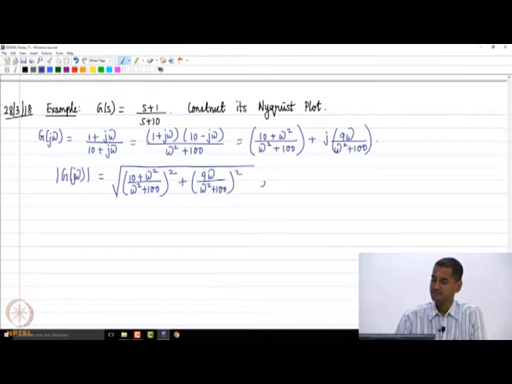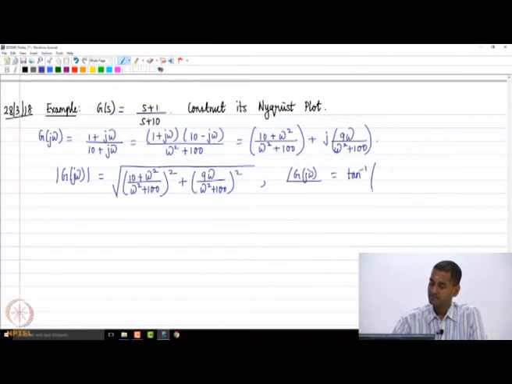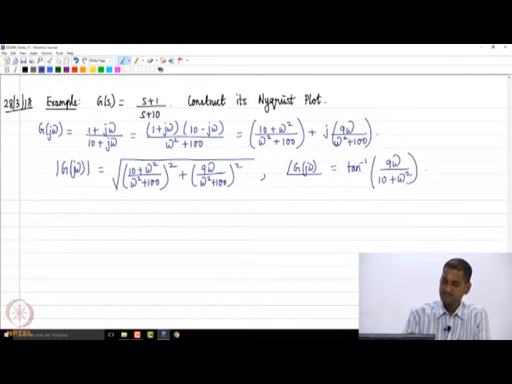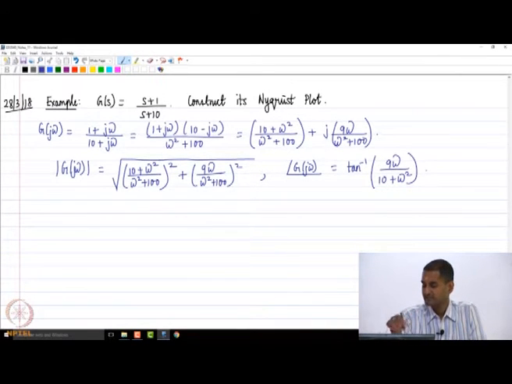That's the magnitude. And what about the phase? The phase is tan inverse of the imaginary component divided by the real component, so we get tan inverse of 9 omega divided by 10 plus omega square. Am I correct? So these are the various things that we will get.